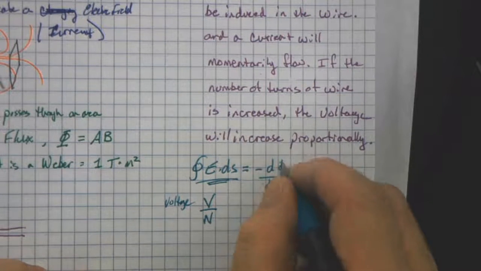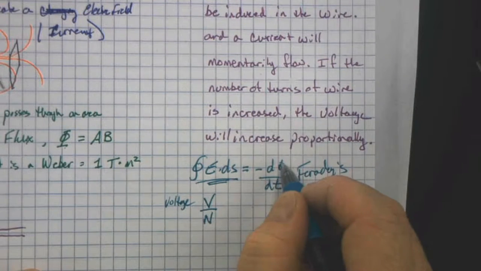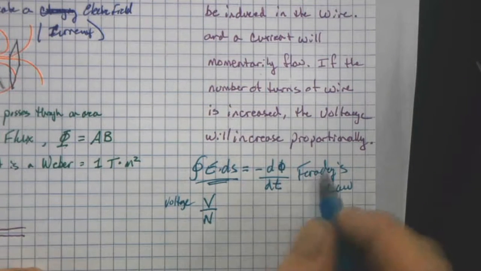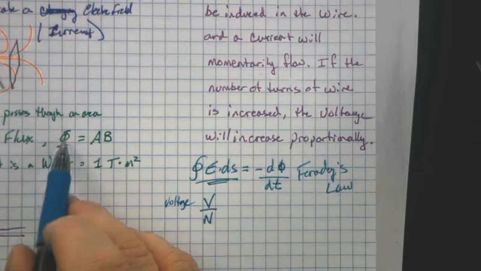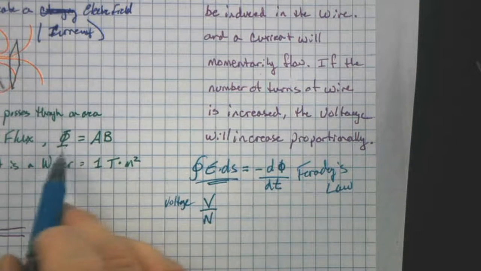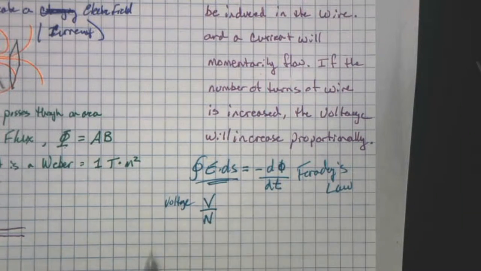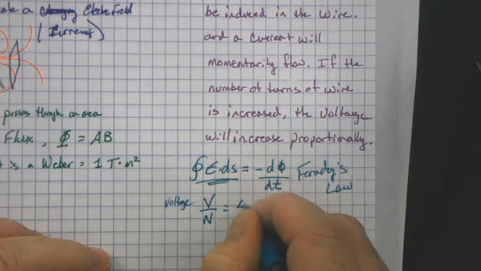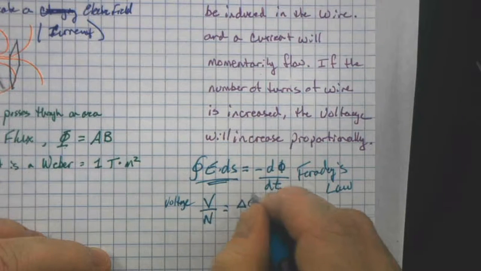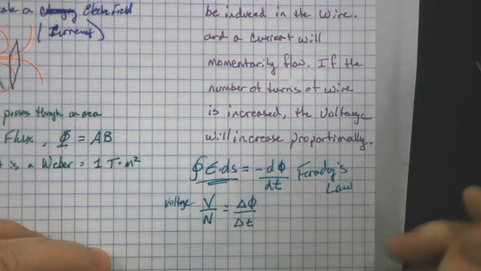This is the phi that we talked about over here. You can just draw an O with a line through it. You don't have to do the fancy one with the top and the bottom. This equals the change in our flux over the change in time.